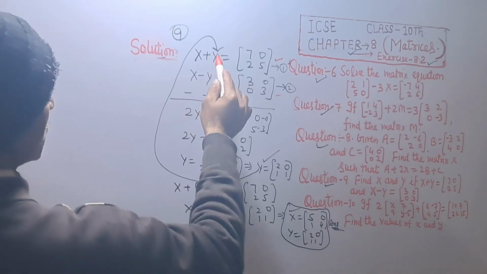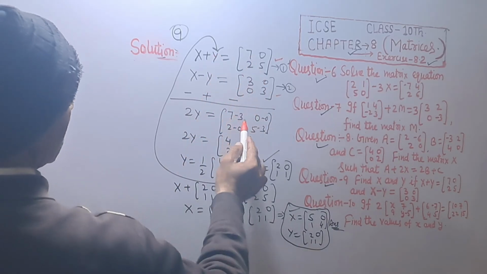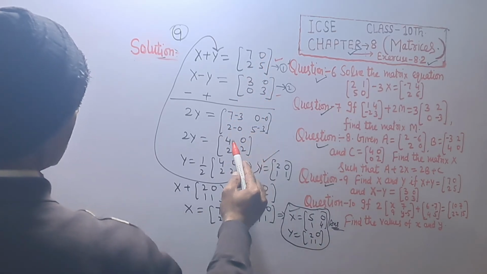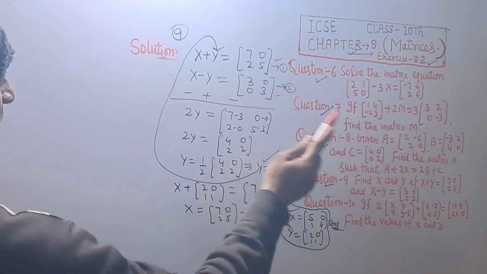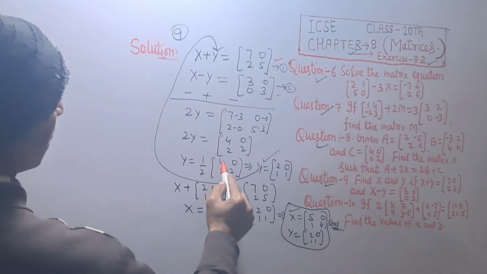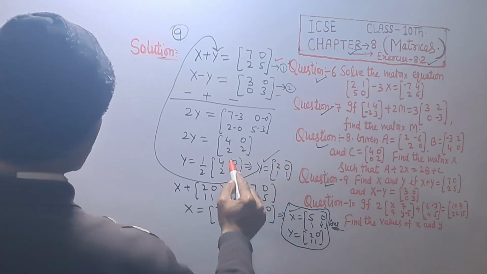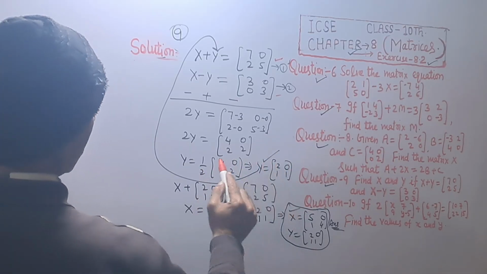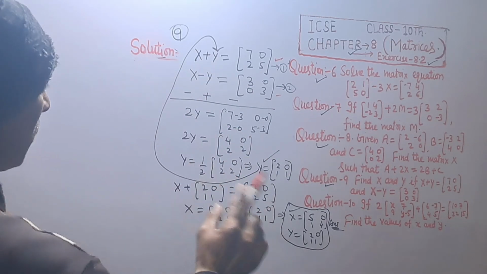X is cancelled, so y plus y is equal to 2y, and 7 minus 3, 0 minus 0, 2 minus 0, 5 minus 3, that is equal to [4, 0, 2, 2]. 2y is equal to [4, 0, 2, 2]. y is equal to half of [4, 0, 2, 2]. 4 divided by 2 equal to 2, 0 divided by 2 is 0, 2 divided by 2 is 1, 2 divided by 2 is equal to 1. And we get the value of y.